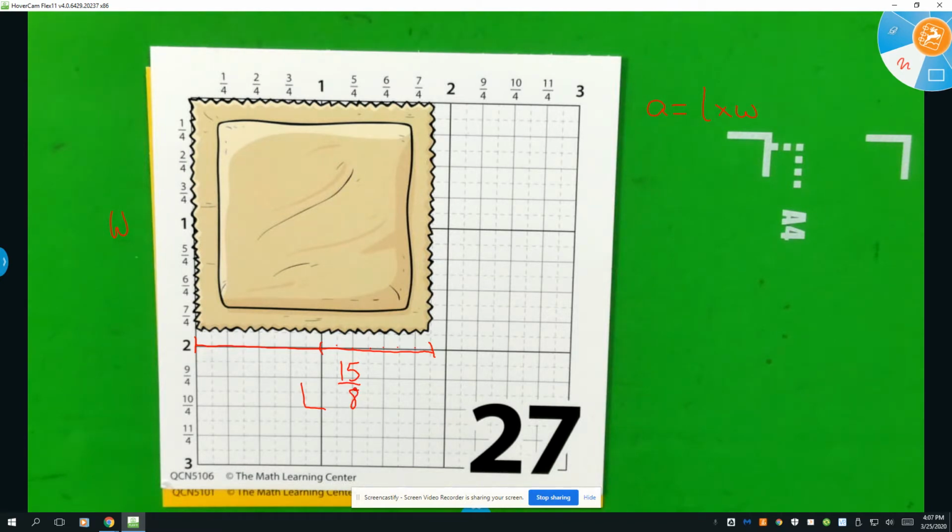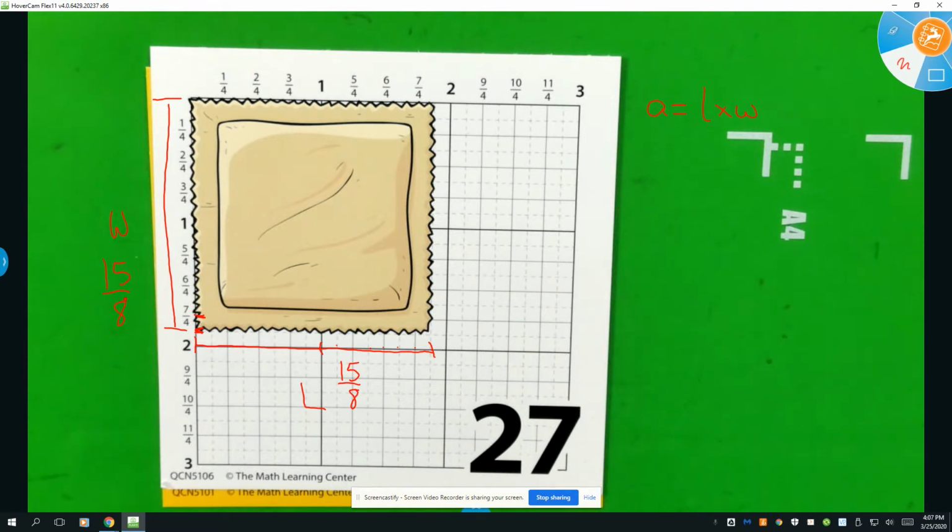All right. Now, if we do our width, looks like almost the exact same width that we have for our length. Okay. And you can see 7/4 is right here, which would be 14/8. Go one more, and we have a width of 15/8.